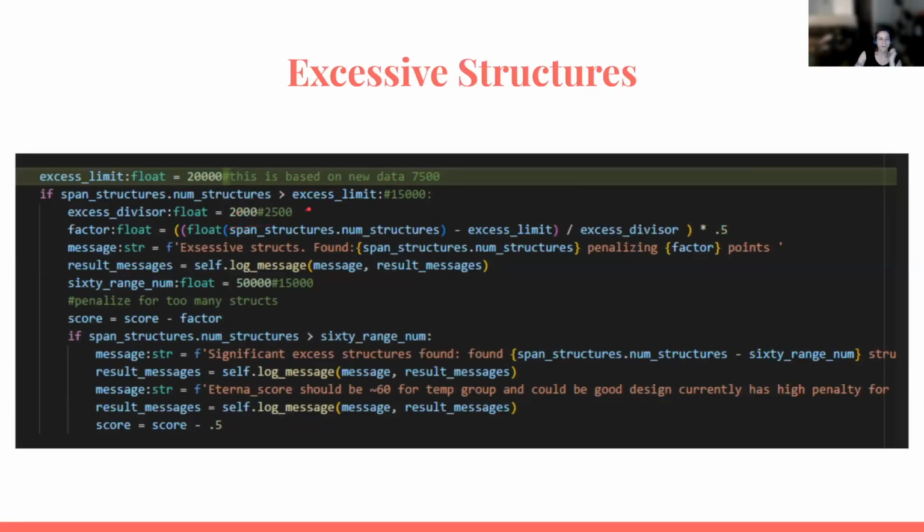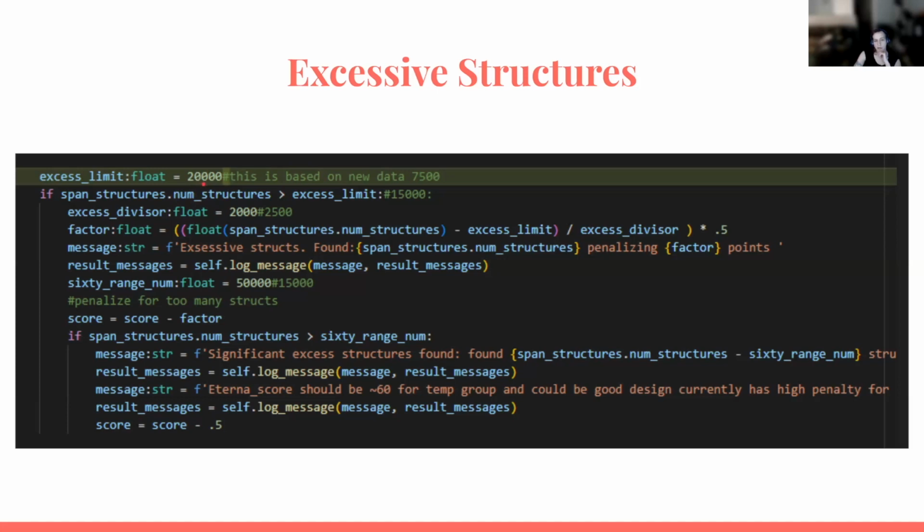Excessive structures. This is where we get into the meat. I found that there were designs that Serena was saying were really good, but the scores were bad, and I noticed that they had really high structures. Originally, I had 7,500 as the max. 20,000 is what I'm playing with right now.